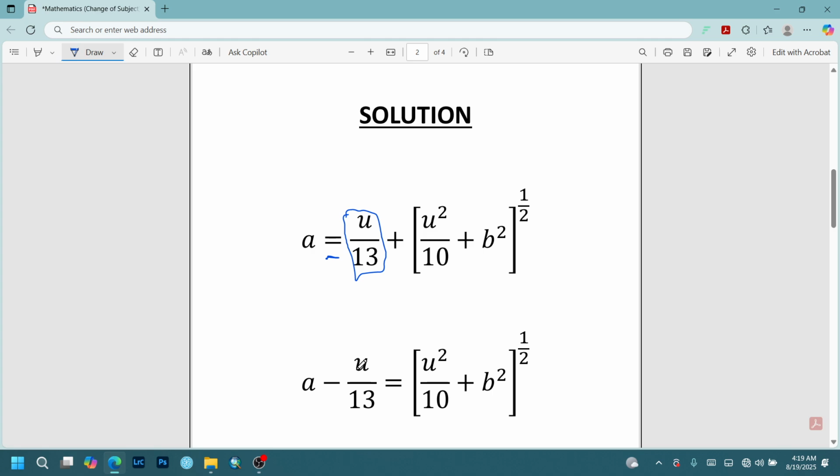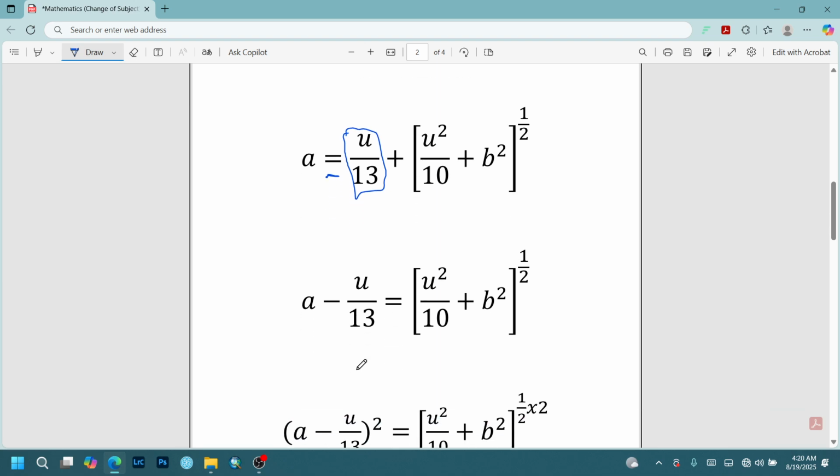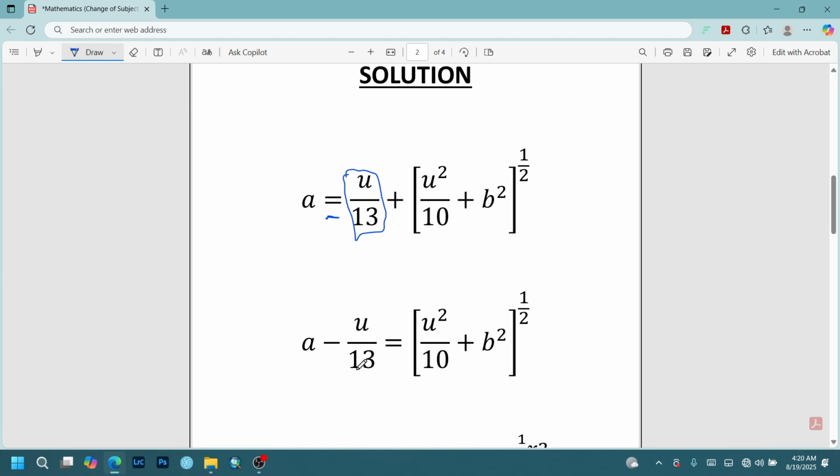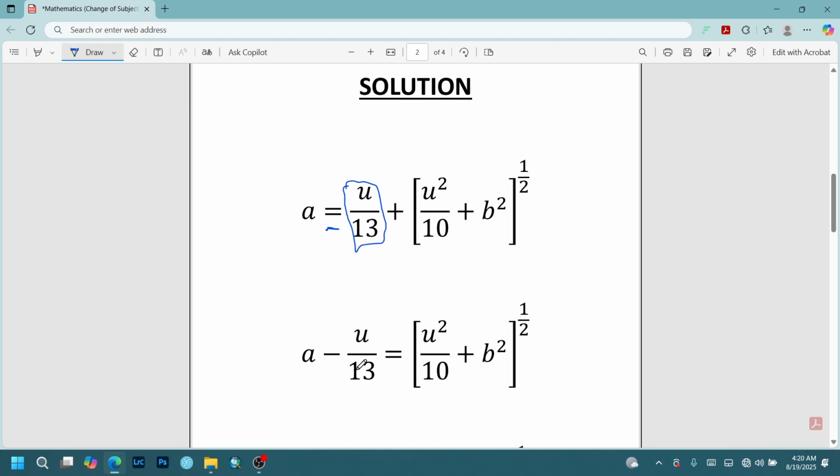So we have our new equation: A minus the fraction U over 13 equals, in brackets, the fraction U squared over 10 plus B squared, raised to the power 1 over 2. What we have to do next is to square both sides.